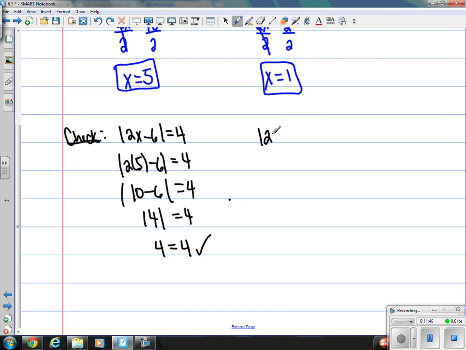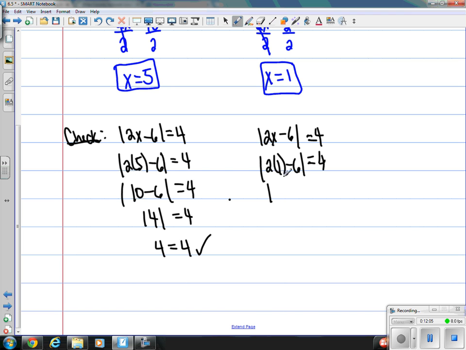You do the same thing over here. We go back to our original before we messed with it. And when we substitute 1 in for x, so the absolute value of 2 times 1 minus 6 equals 4.